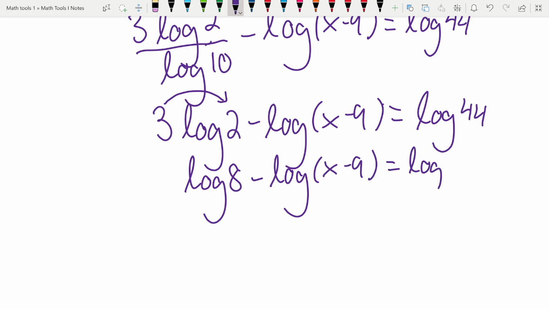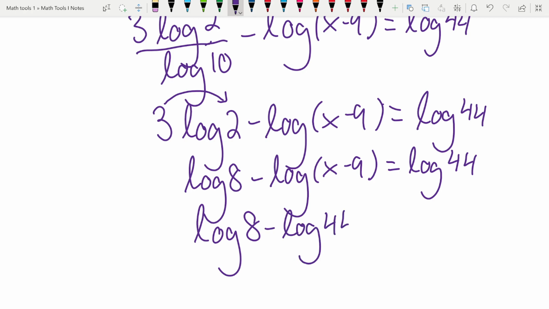And now let's get the log with the variable x over to one side and bring the log 44 to the other side. So we're going to add log of x minus 9 to both sides and subtract log of 44 from both sides. So we're going to have log of 8 minus log of 44 equals log of x minus 9.